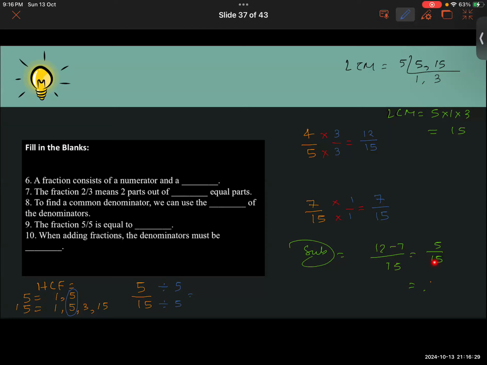Although you have got the answer 5 upon 15, it is not in the simplest form. To convert it into simplest form, we have to take its HCF and divide both the numerator and denominator with the HCF. So it will be 1 upon 3. Understood this? So your final answer is 1 upon 3.